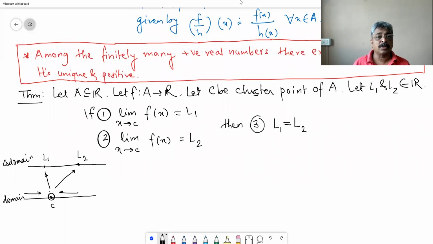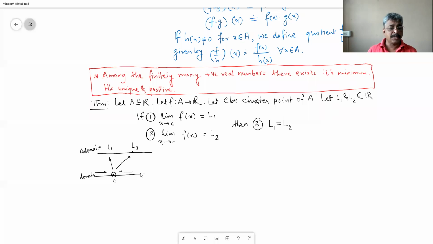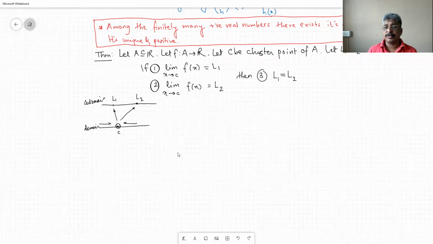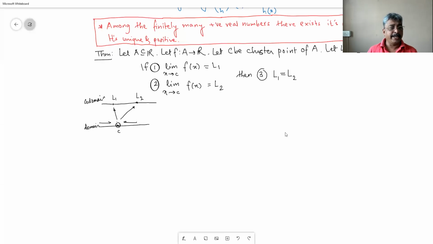So think about how you would write the proof of this. Because this is the first calculus proof, I would like to show you how it has to be done. Intuitively, this cannot happen. Why?